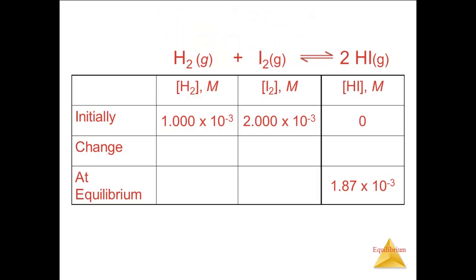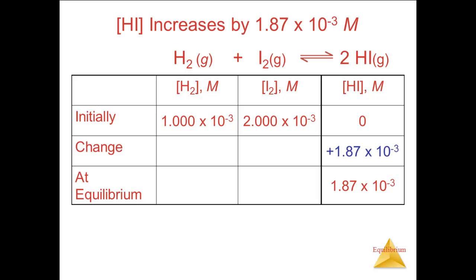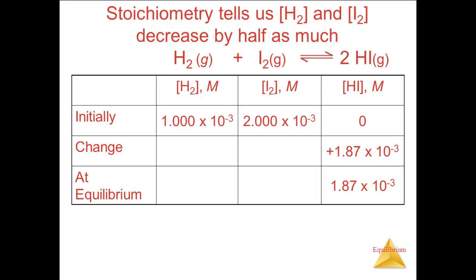Since the equilibrium concentration of HI is 1.87 times 10 to the minus third molar, and we started with a concentration of 0, the change in the concentration of HI is plus 1.87 times 10 to the minus third. Since the product has increased, each of the reactants must have decreased, in this case by half the amount the HI increased, because the coefficients for H2 and I2, 1, are each half the coefficient for HI, 2.